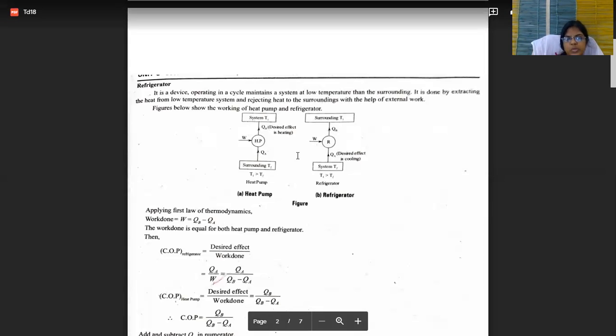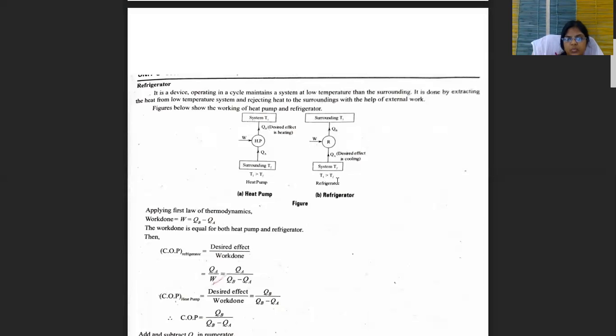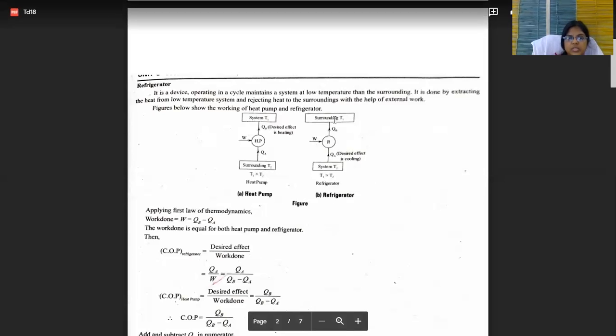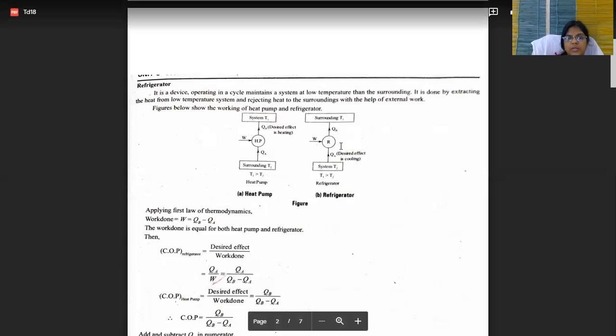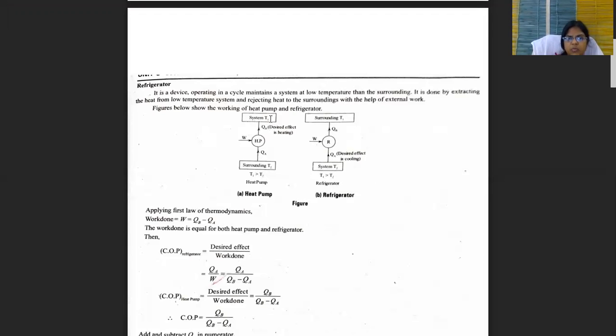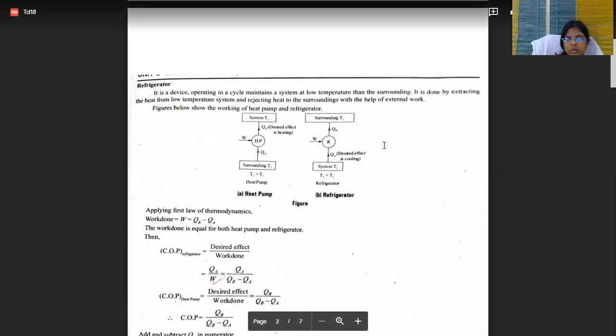Here also we supply work done to the refrigerator, and we take the heat from the system. There is a little mistake here: this is the system and this is the surroundings, so they should be interchanged. The same diagram is represented for refrigeration also.